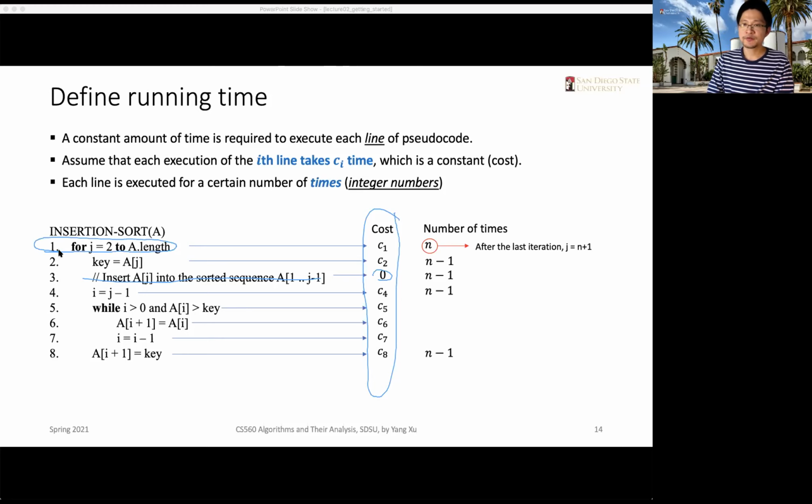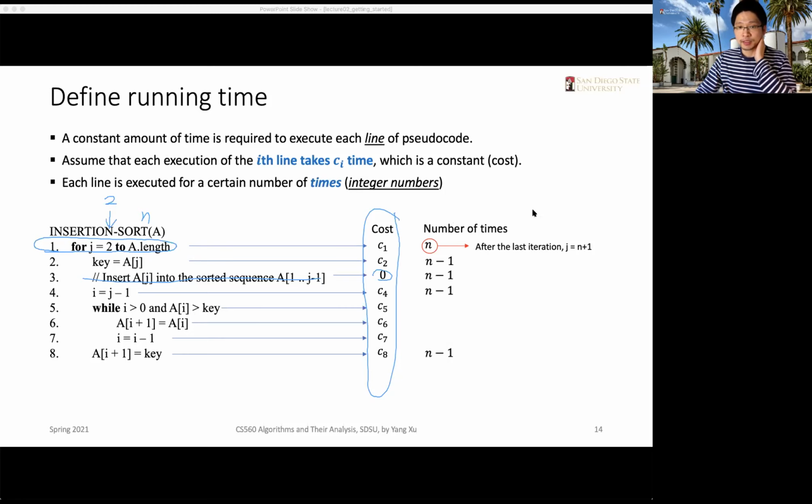What this for loop statement does is to increment j after each iteration is ended. Because the range of the for loop is from 2 to n, we assume that the length is n. So it will iterate from 2 to n, and that is n minus 1 numbers.